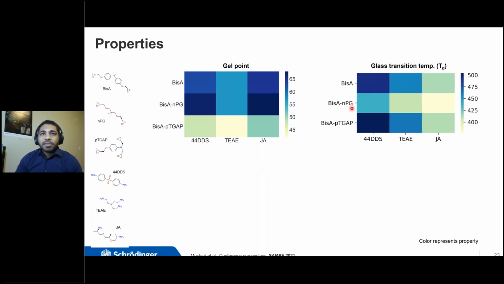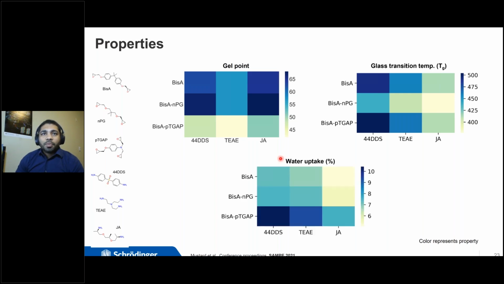In this case, addition of NPG decreased the glass transition temperature for bisphenol A, whereas addition of PTGAP increased it. So for an application where we want high Tg values, this might be a good system. However, we have to note that it has a lower gel point, so that means it will be challenging to cross-link this particular system.